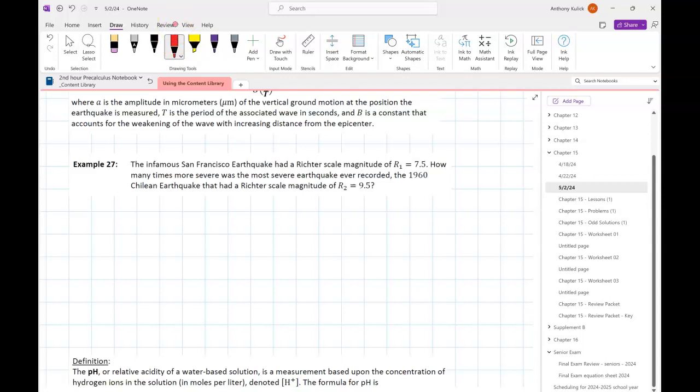So what we'll do is we're going to say, okay, I have two separate earthquakes, so I'll need two separate earthquake equations, right?